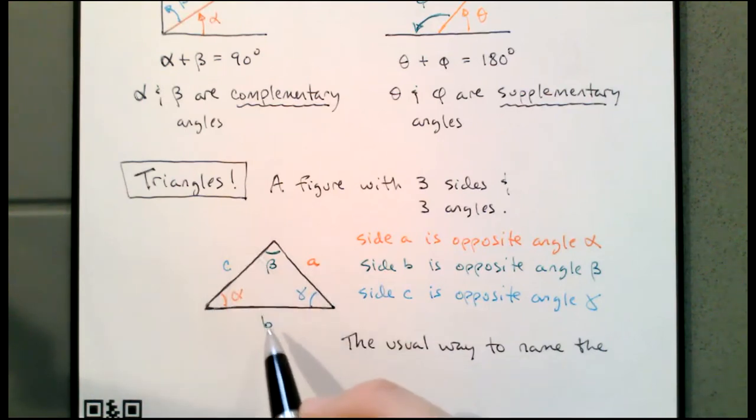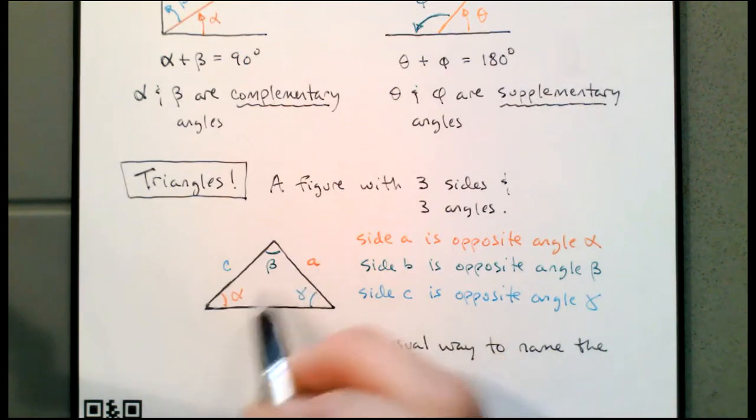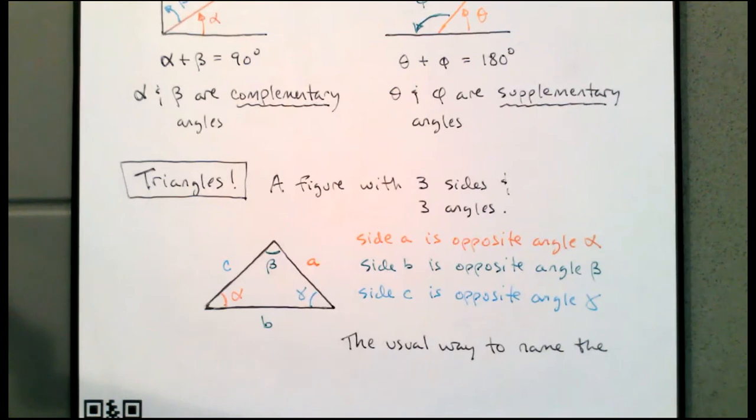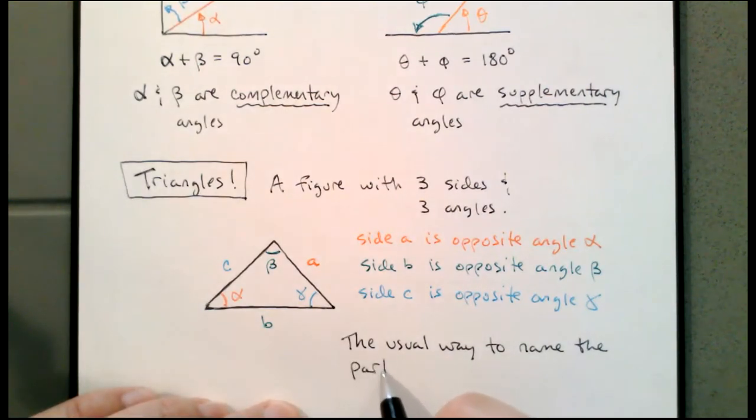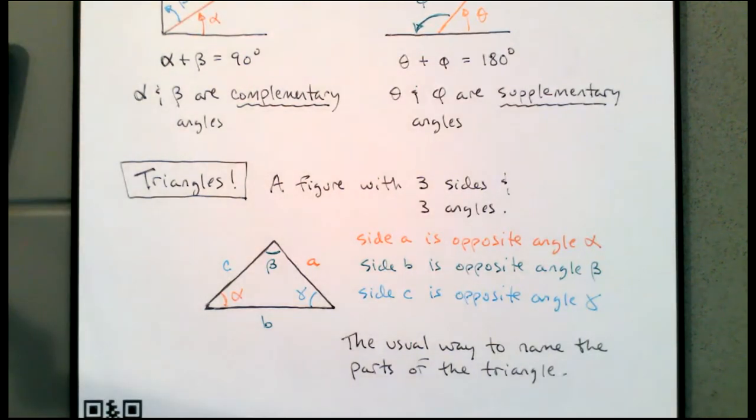So rather than drawing a triangle where I have to put 50 in here and 11 over here, and the 17 down here for B, this is just how we normally name things. A is opposite alpha, B is opposite beta, C is opposite gamma. That's just the usual way to name the parts of a triangle.